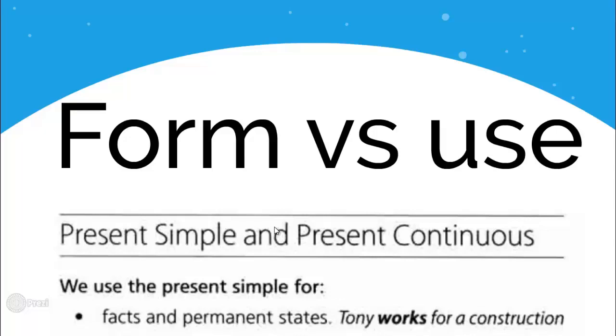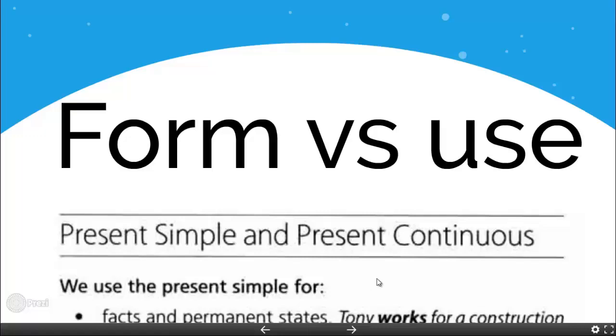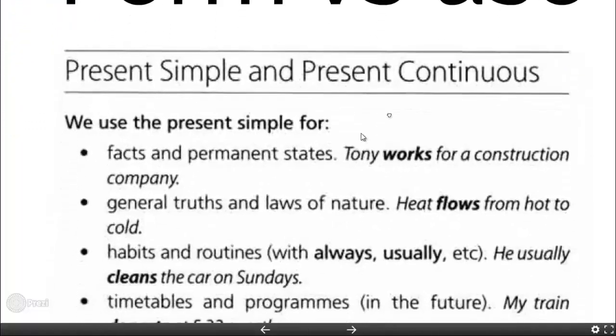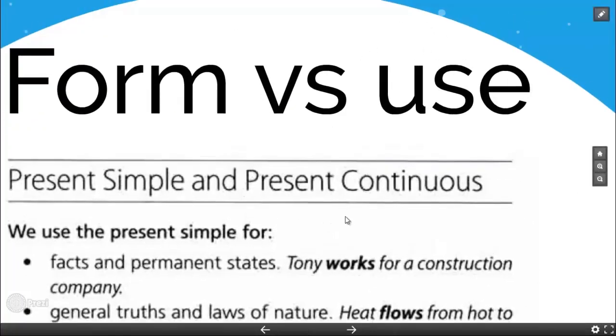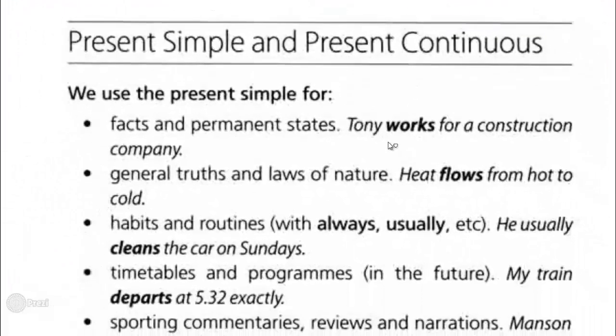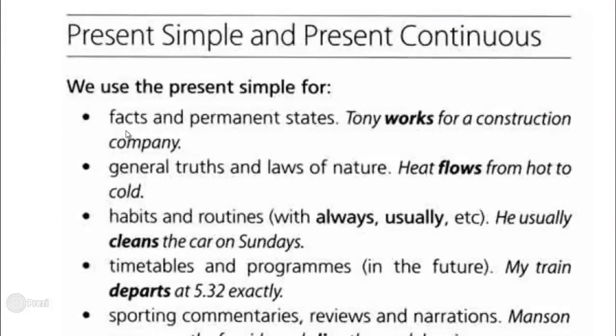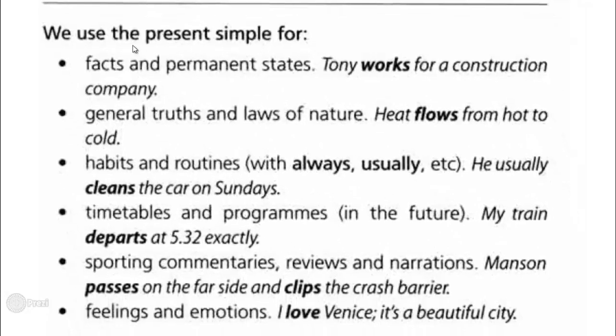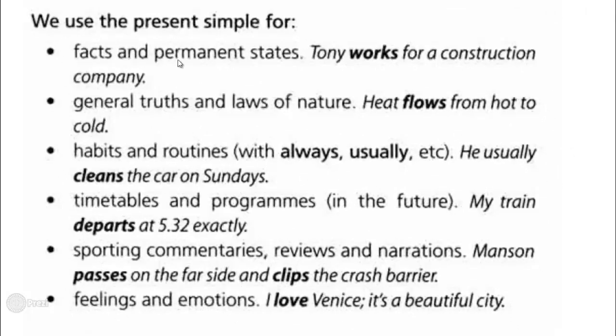But there's one step ahead I want you to go, and that is the use of the verb. For example, how is the present simple tense used in English? So here's an example. We use the present simple for facts and permanent states, like Tony works for a construction company. That means that Tony does this on a regular basis.